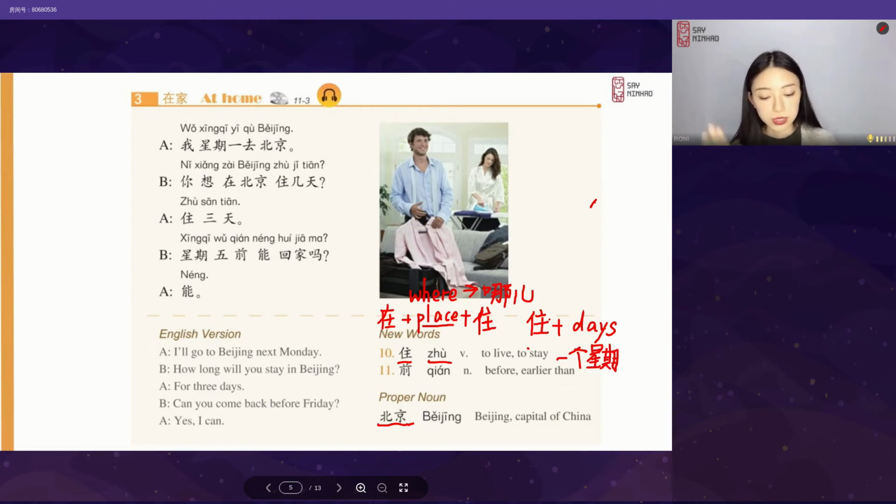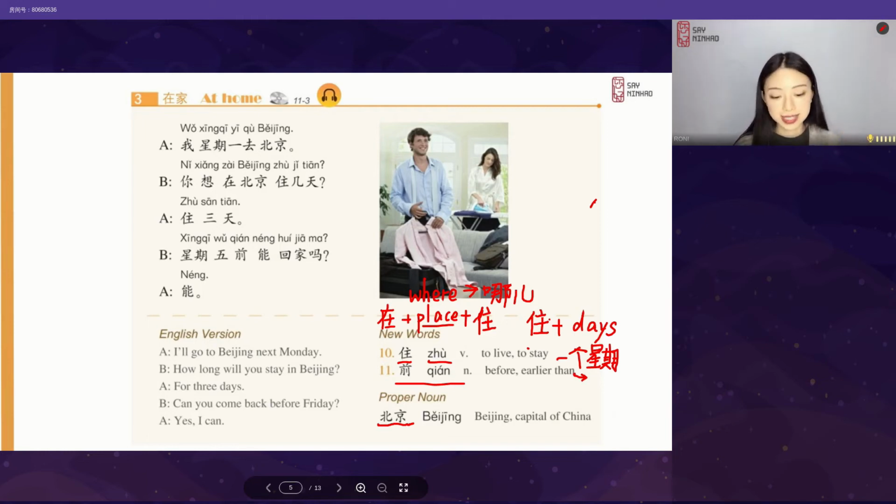Okay, this is 住. Next one is 前. Read after me, please. 前. It means before, earlier than some time. Okay, earlier than some time. This is talking about time. So when I want to say 1 week before, it is 一个星期前.